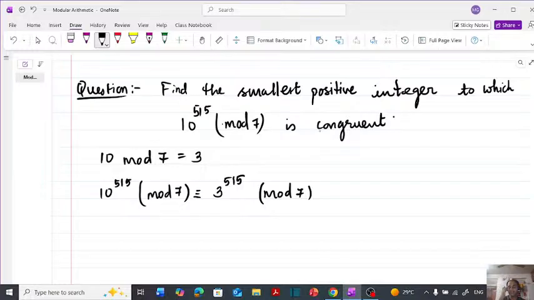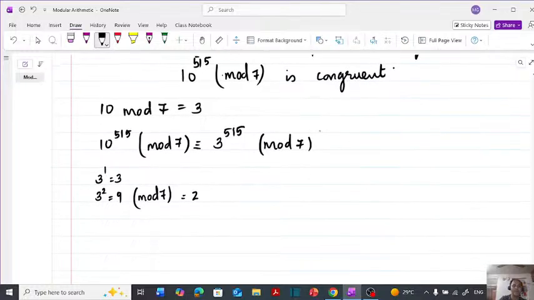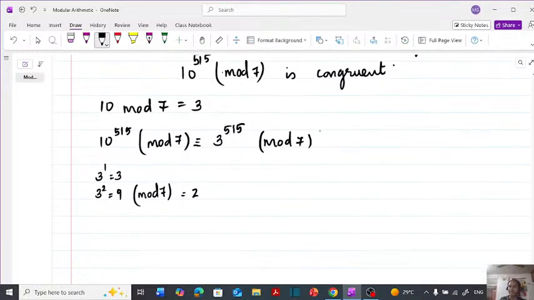Okay, so we have got this. Now let us see how other ways we can tackle the problem. Now see, we first see powers of 3. So 3 power 1 is 3, 3 square is 9, and if I do mod 7, this will behave like 2. Okay, this is going to behave like 2. So what I will do now, I will divide 515 in the powers of that, so I will be able to get that.